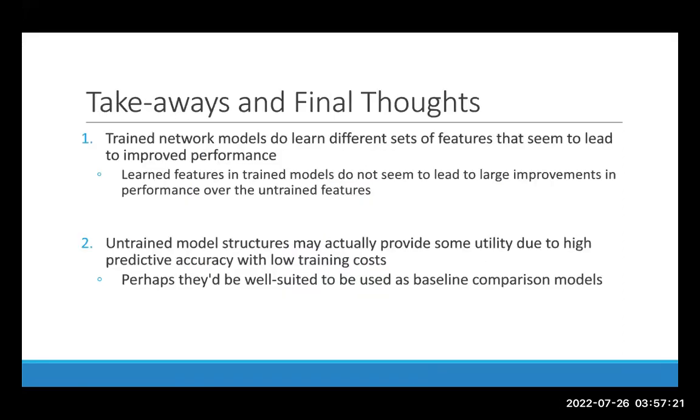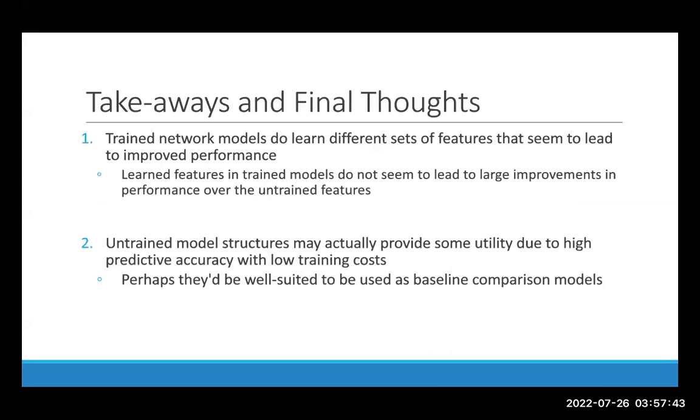So in terms of takeaways and final thoughts, because it is rather surprising or unintuitive: from that last analysis, we can conclude that the trained models do learn different sets of features that lead to consistent improved performance, but only marginal, which is a little surprising.